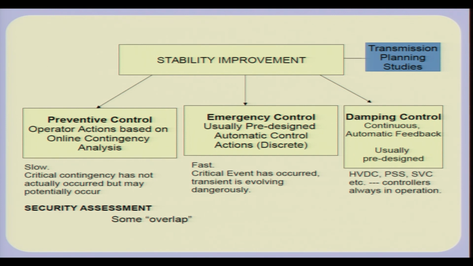Okay. So, of course, all these controllers are in some sense also overlap, in the sense that some of the damping controllers may be considered as emergency controllers as well, and we shall consider some of these aspects of security assessment in the next lecture.